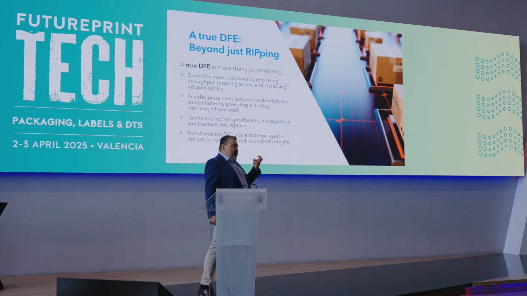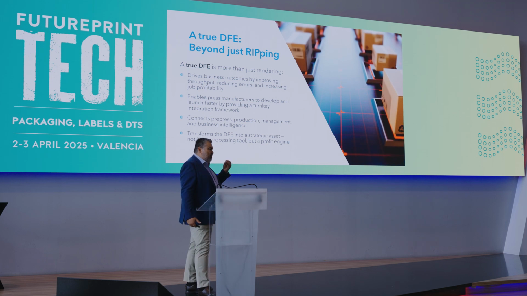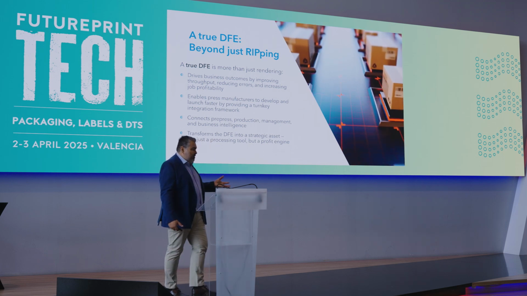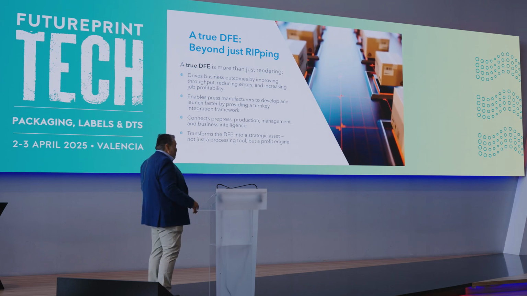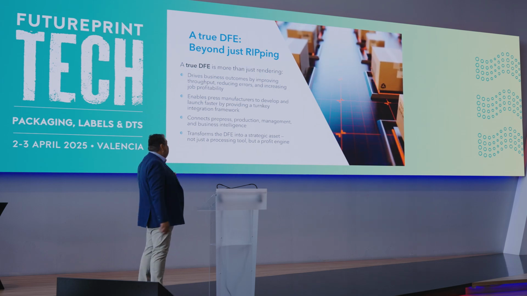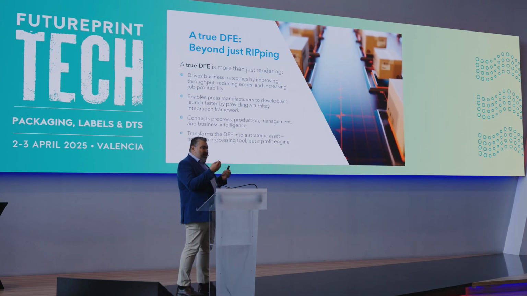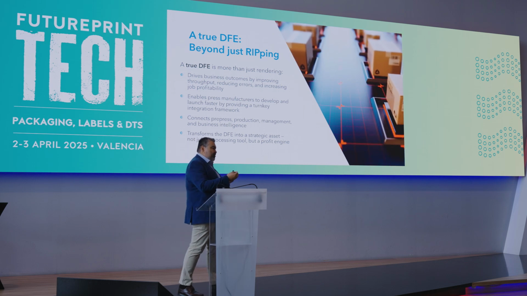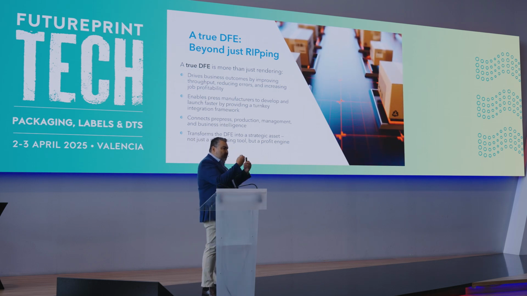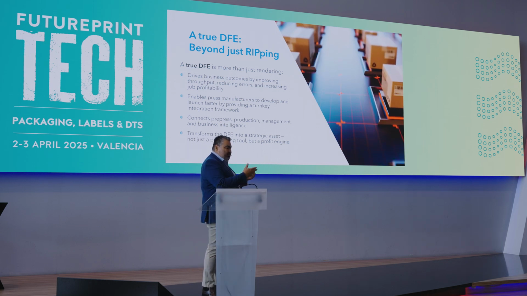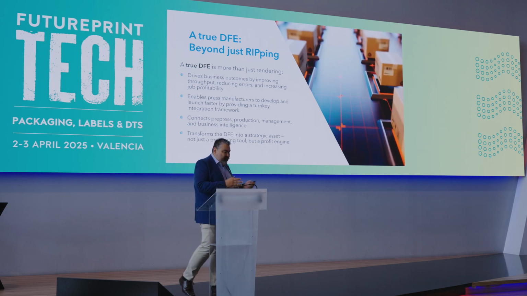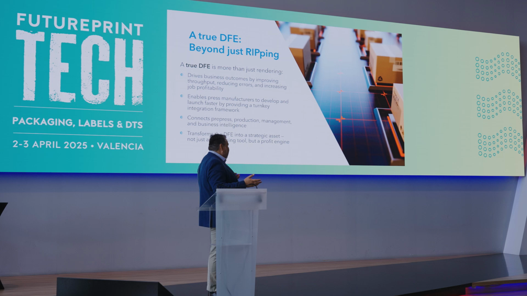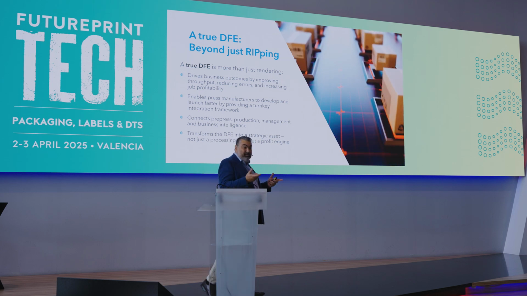When you think about the DFE, most people think of it as just the RIP, the part that creates the screen and output. It's much more than this. The DFE is basically the piece that improves and delivers the quality needed for our end-user customer. I can give an example. The packaging market has a very critical element, the barcode.